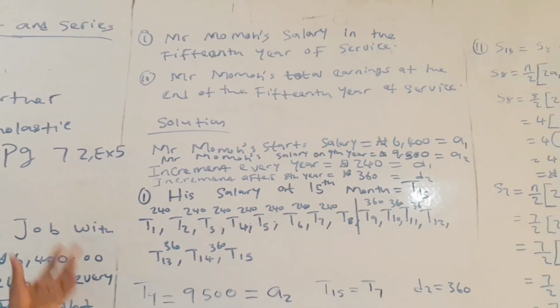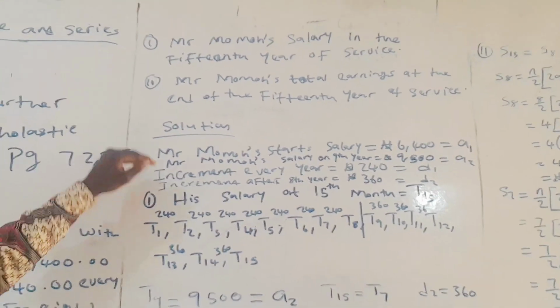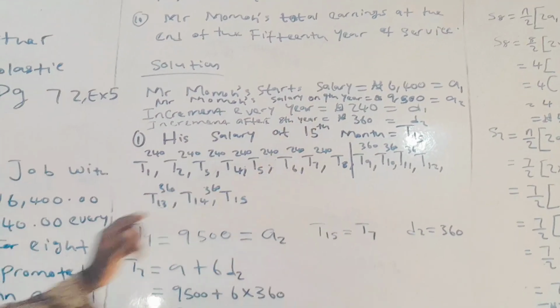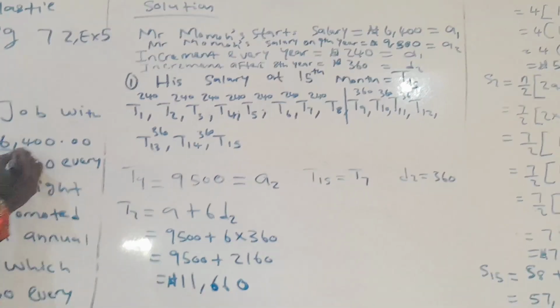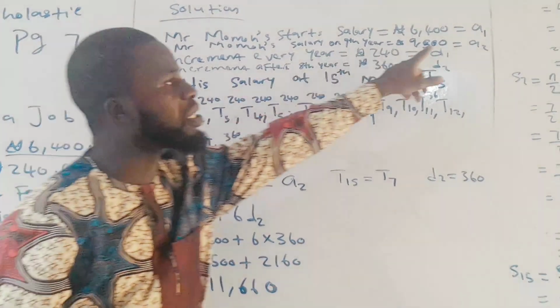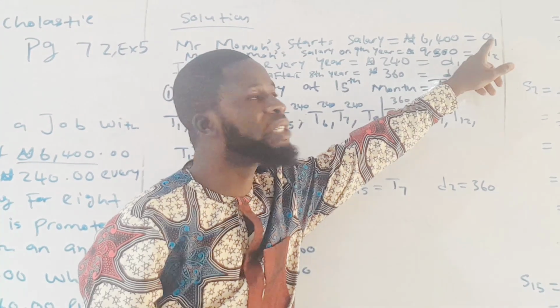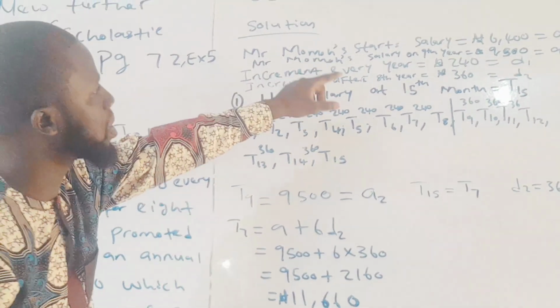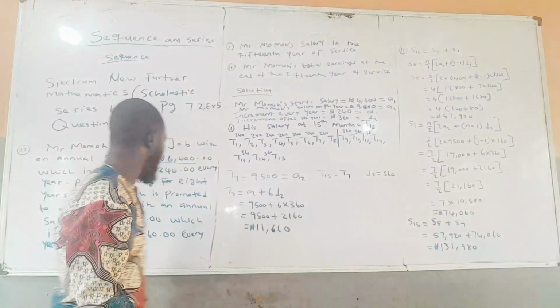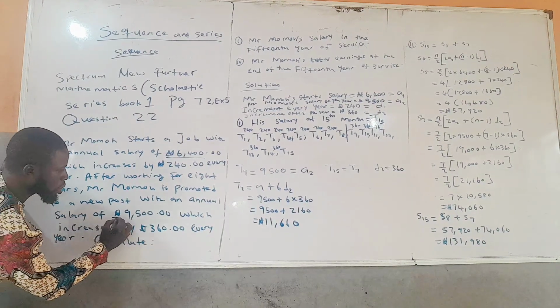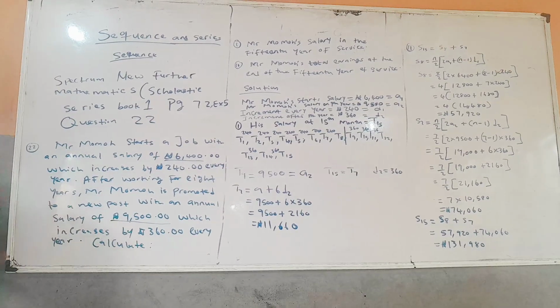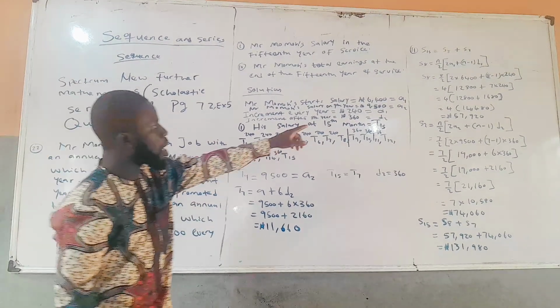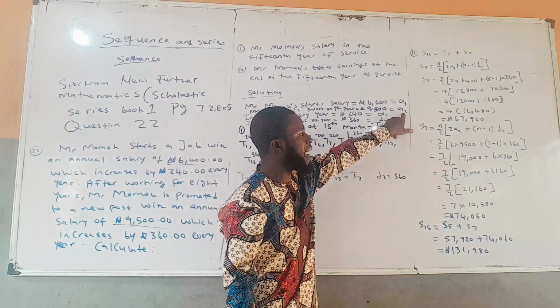Now, let me tell you the solution. Mr. Momo's starting salary, the amount he is starting with, which is 6,400, you call it your first term, which is termed A1. Then Mr. Momo's salary on the 9th year is 9,500, so you call that A2.